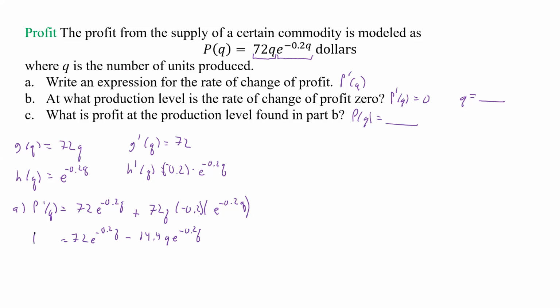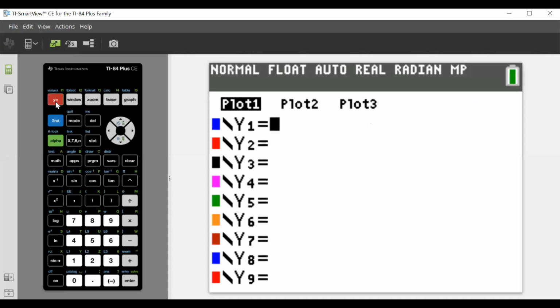So what I'm going to do is plug it into my calculator, and we're going to get that value out from there. So we'll go over to our calculator, and we'll plug it in here.